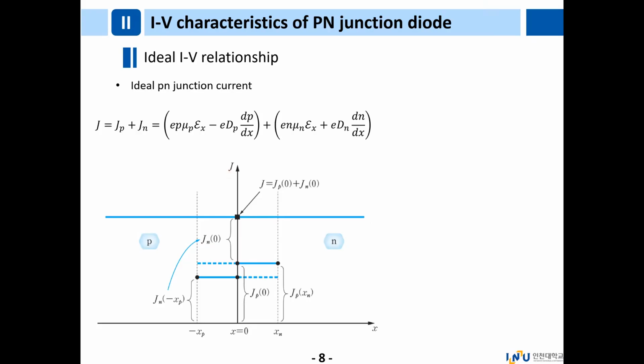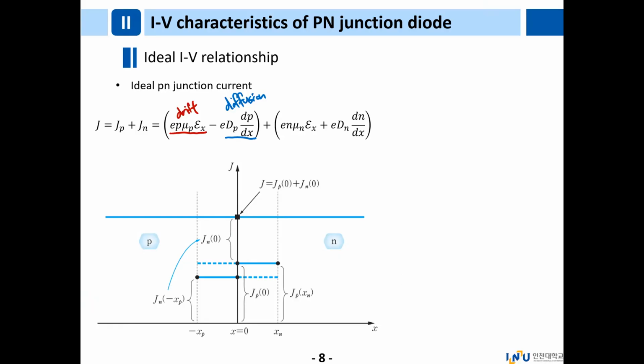We know that this one is drift and this one is diffusion, right? When they are combined, there are a total of four current components.